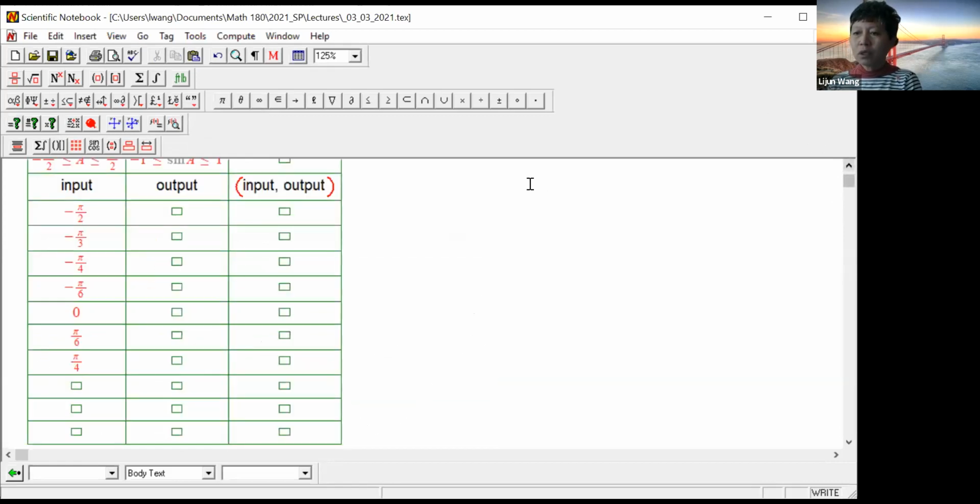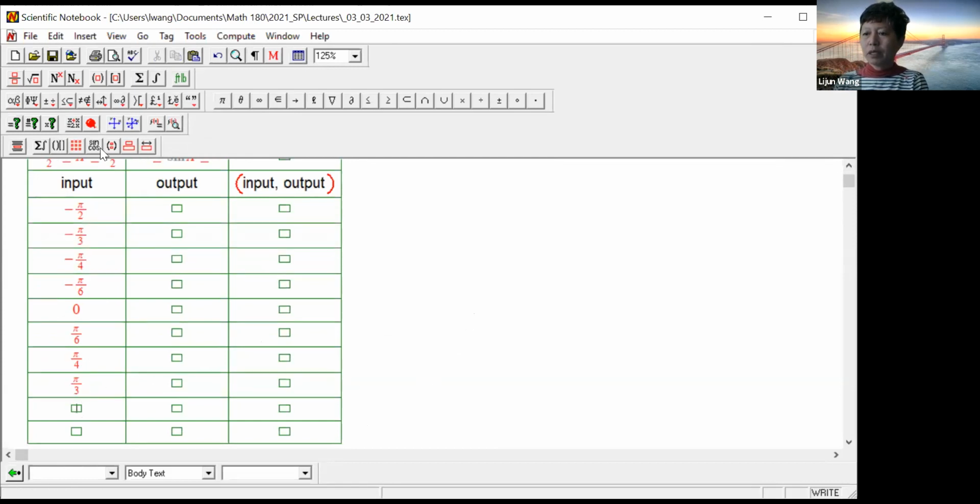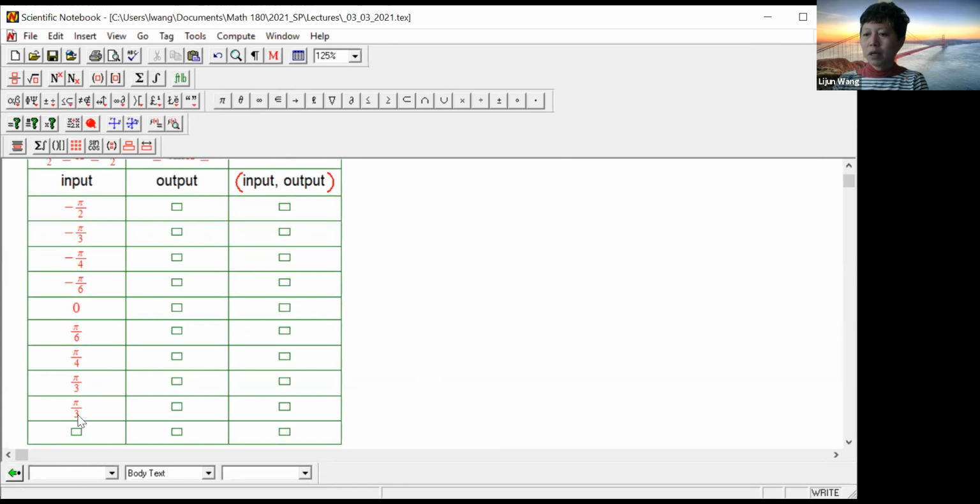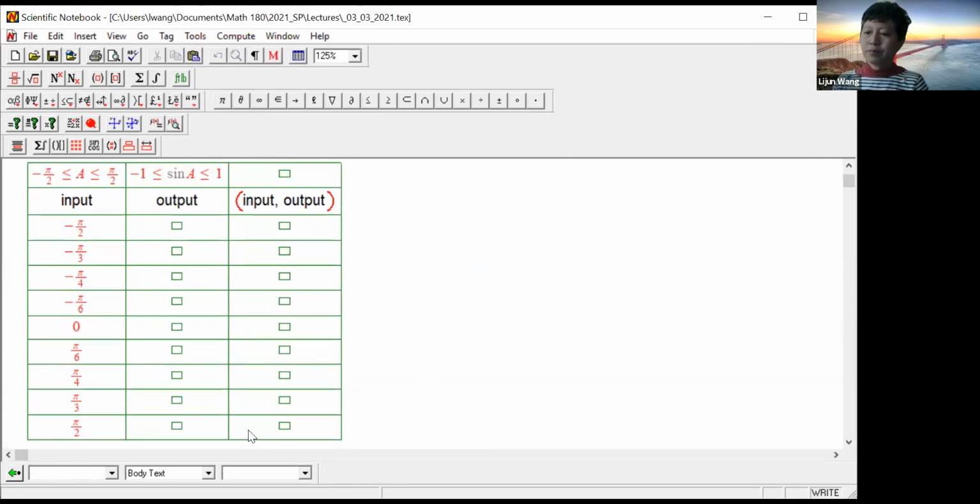I assure you, you don't have to do this very many times, but if you do it, it really gives you a lot of insight. Okay, pi over 3. And the last one is pi over 2. I don't need this row anymore. You can see I arranged these numbers in a certain way.